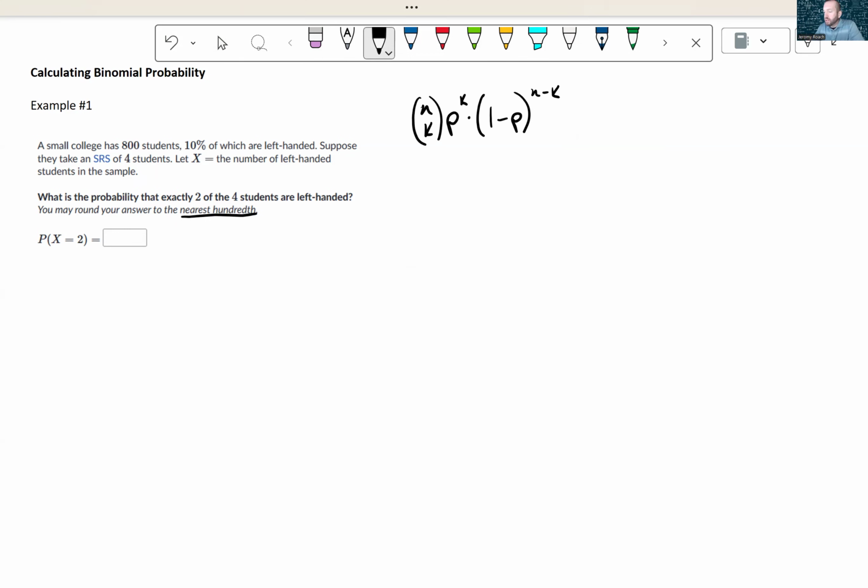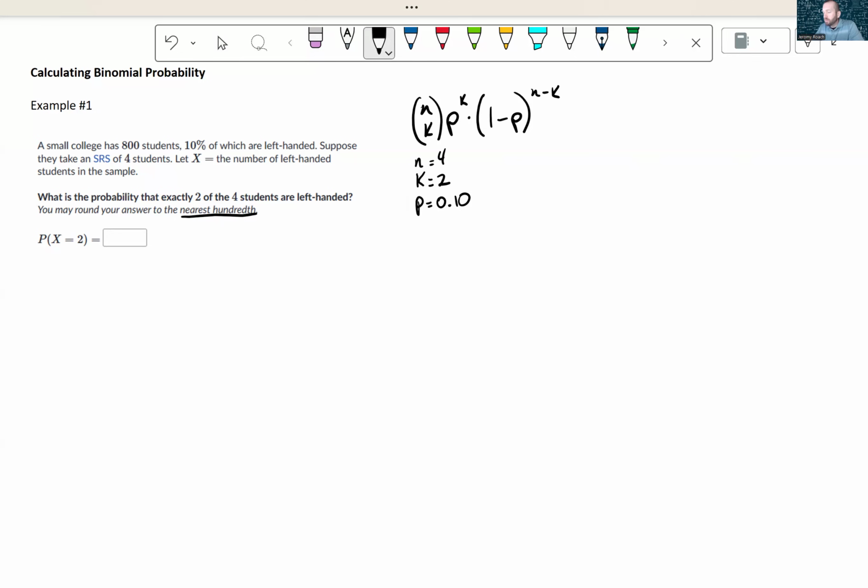So the probability that X equals 2, we're going to let that just be k again. So I'm just going to say k equals 2, n equals 4, and our probability is 0.1 or 0.10.